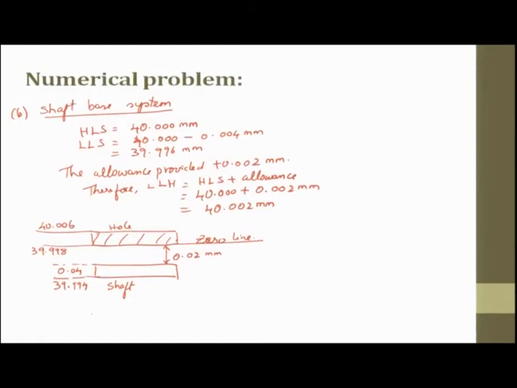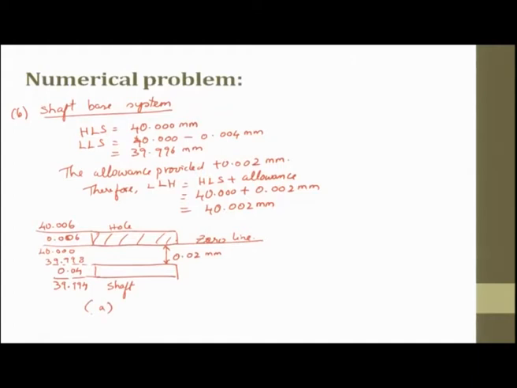This difference is going to be 0.006, and this is 40, this is 40, and this is 39.998. This is for a hole based system.